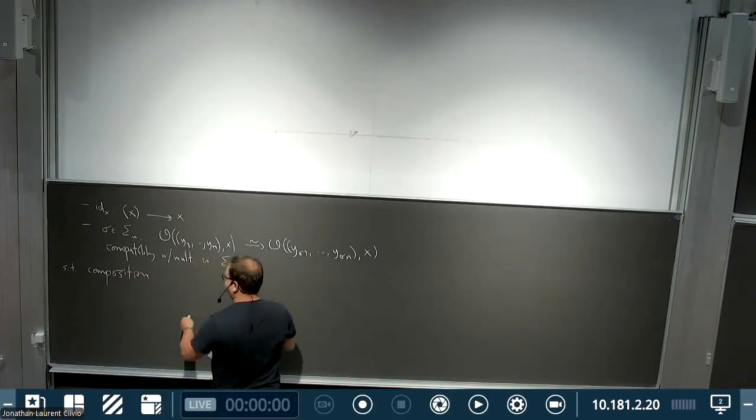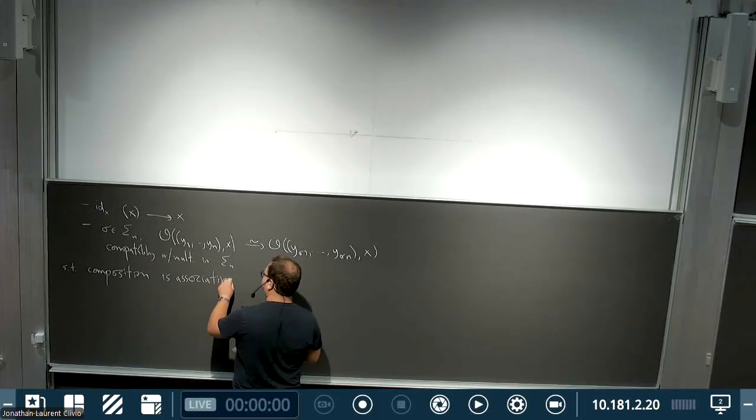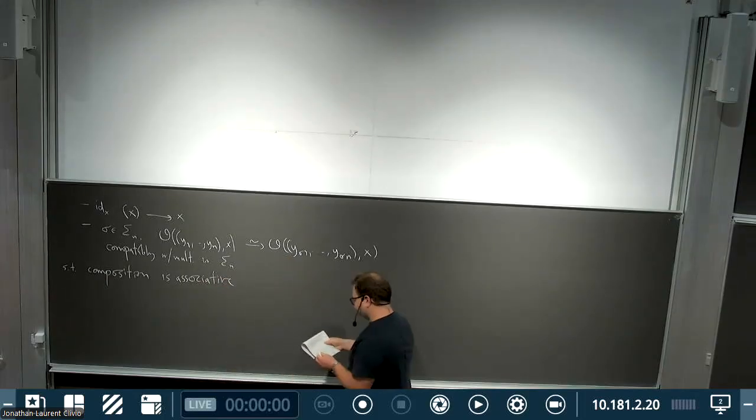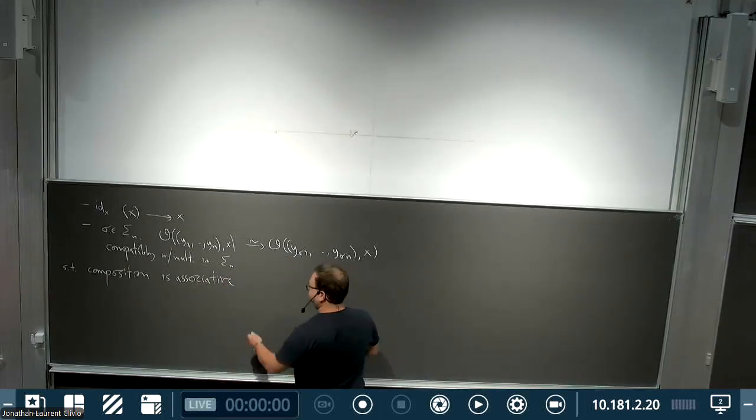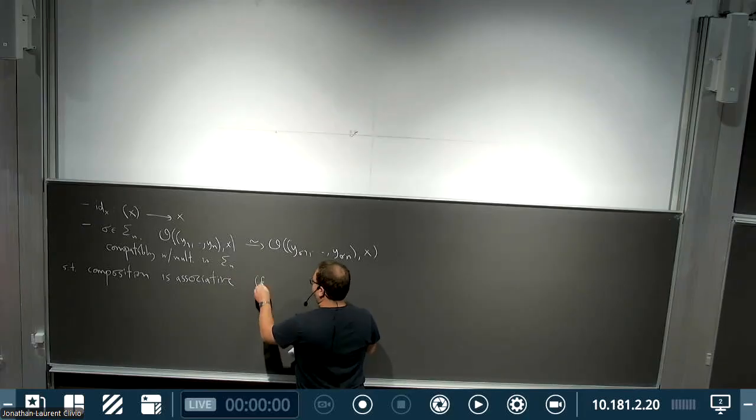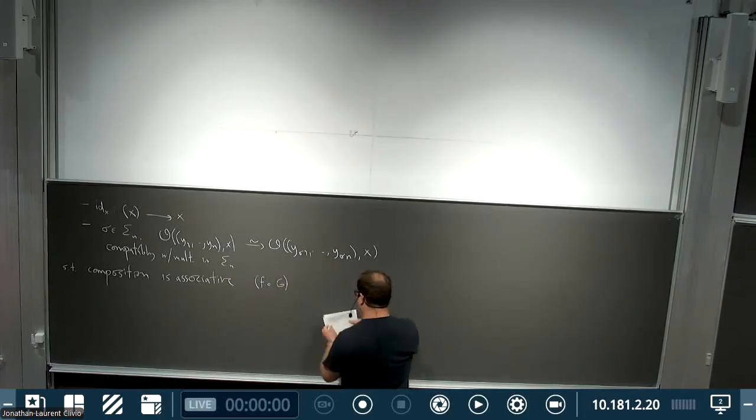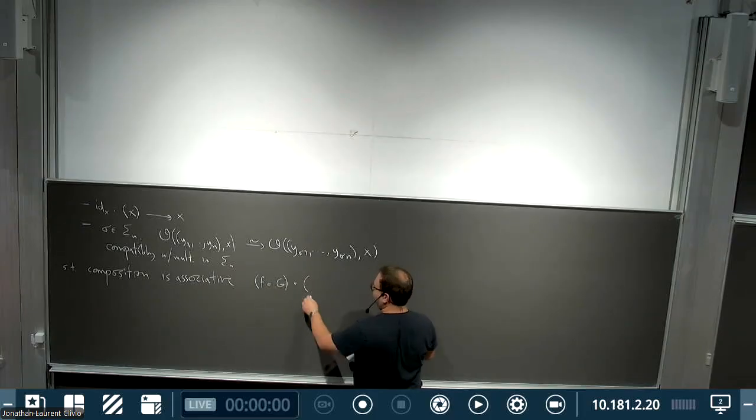And then the composition should, as you might expect, be associative. So we think of f composed with the list g of operations, and then I compose that with another list.